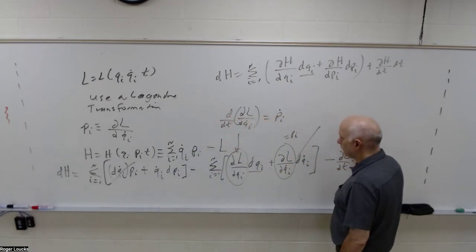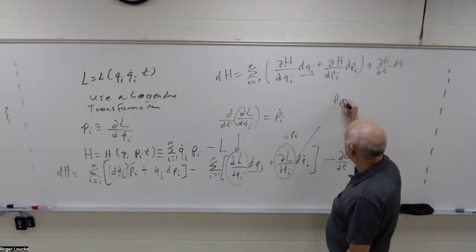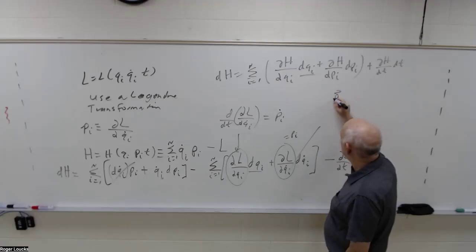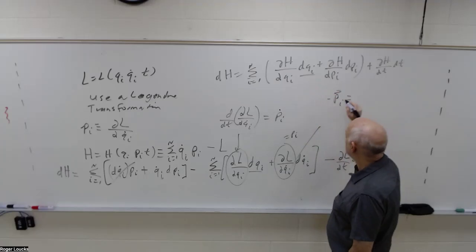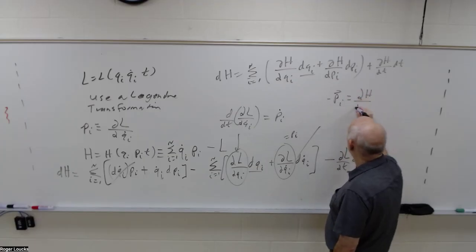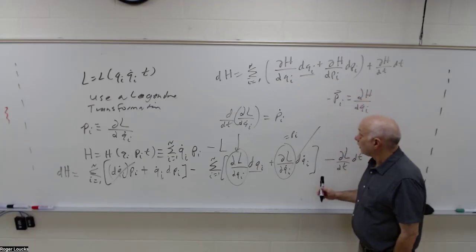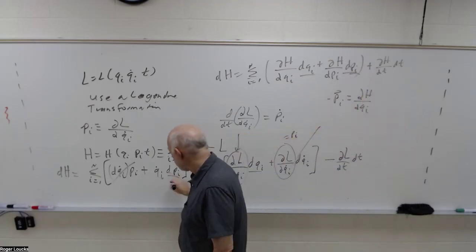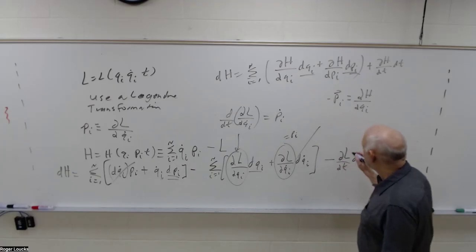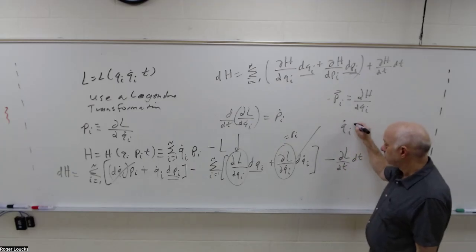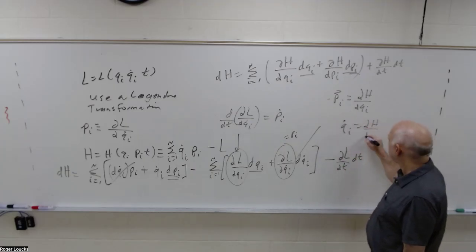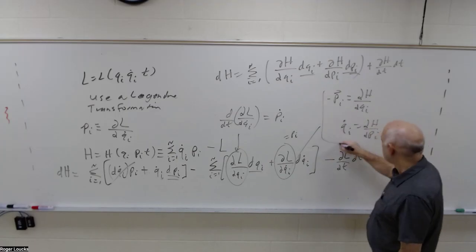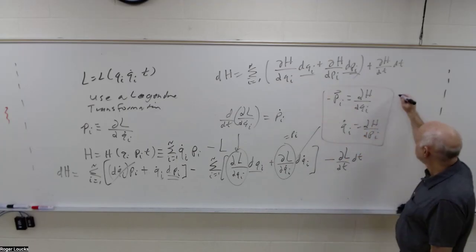So we can equate those two, and that gives us our p_i dot with a minus sign. And then I can take this one here, and that gives us our q_i dot, partial H with respect to p_i. And these are really what are being called Hamilton's equations.